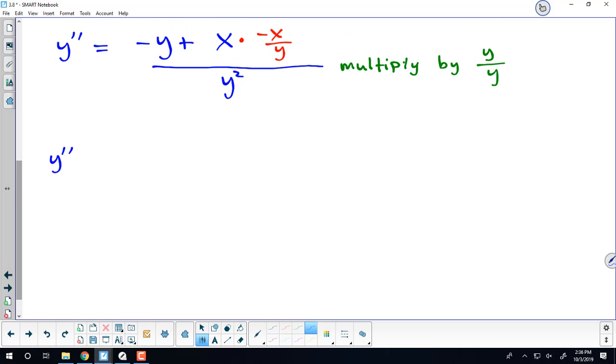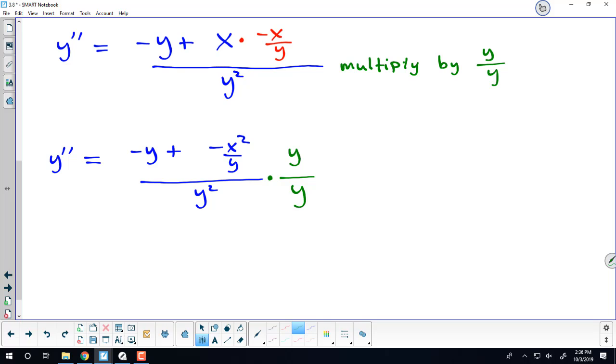So we have y double prime, the second derivative, is negative y. Let's just write it out, multiplying by y over y.